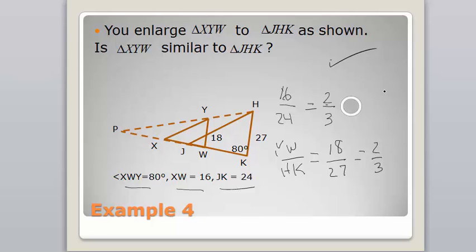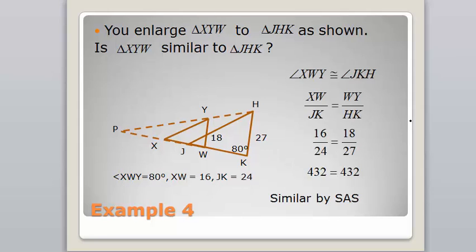So, side angles, we said that included angles were congruent, and another pair of sides proportional. So we can go ahead and say triangle XYW is similar to triangle JHK by SAS, and we're not going to leave it like that. We're going to say SAS similarity.